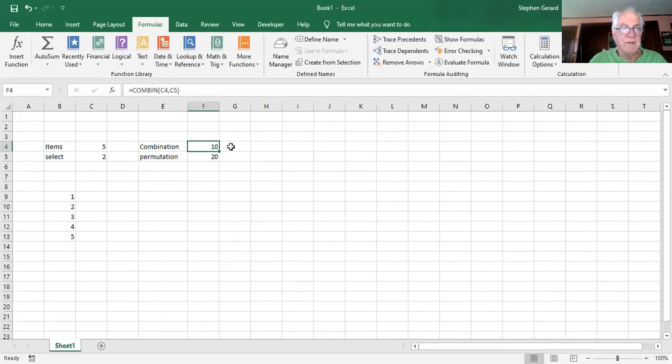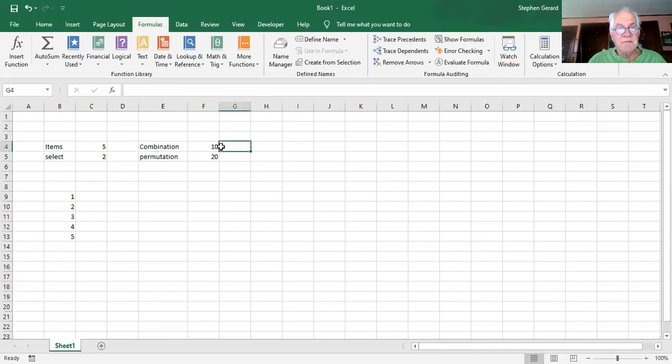And the number comes to 10, there are 10 combinations that are possible. There's also a formula here, equals PERMUT, and again, C4, 5 things taken 2 at a time, exact permutations. There are twice as many permutations here as there are combinations.